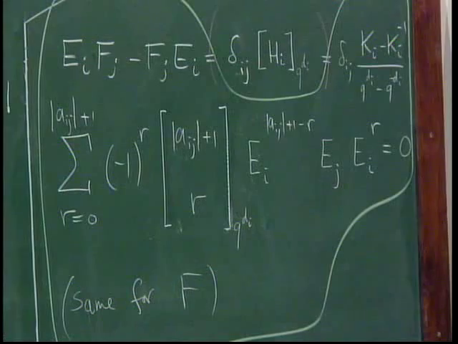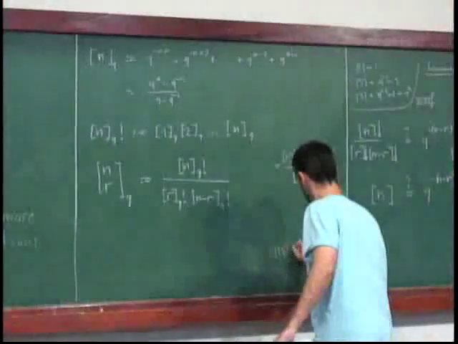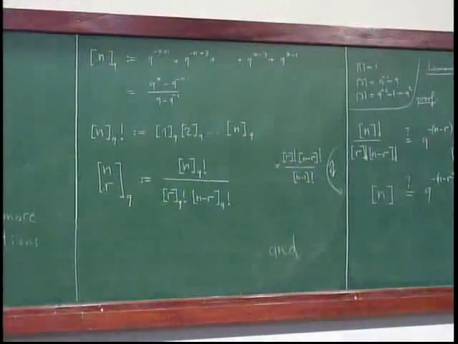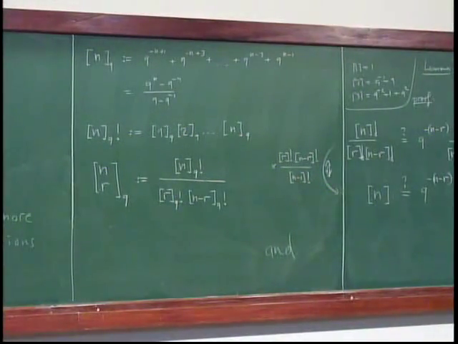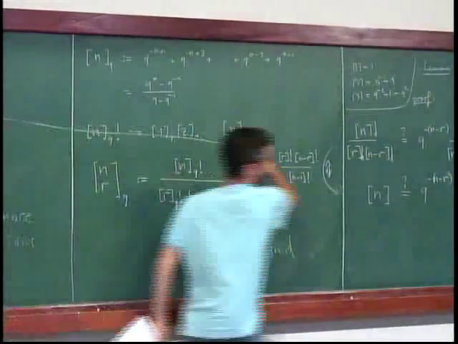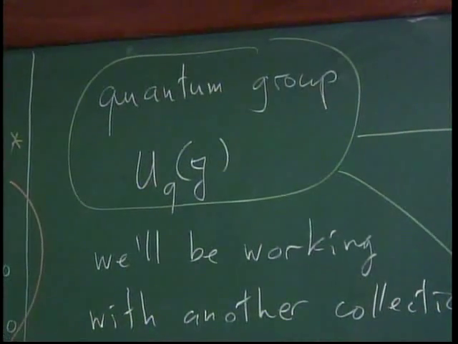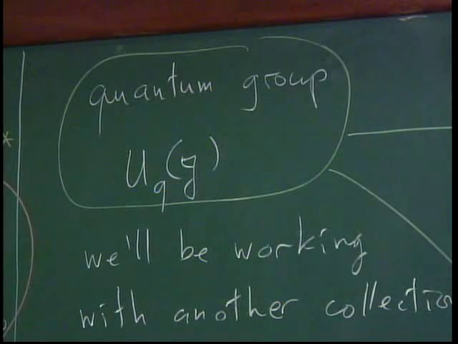So circled in green, that's the presentation of U_q(g).